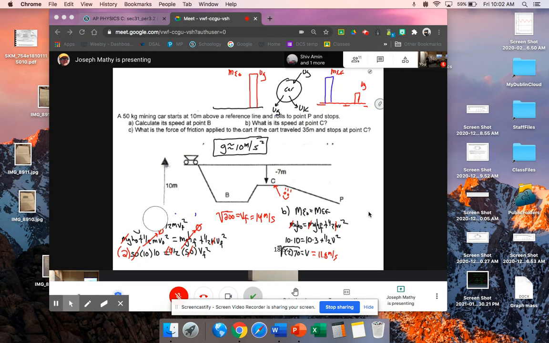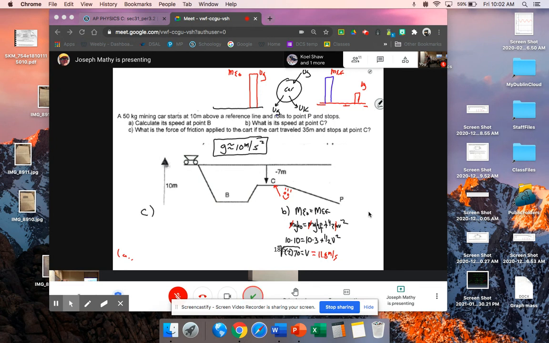Ran out of room, people. That's all. So let's take a look at C. Question C: What is the force of friction applied to the cart if the cart travels 35 meters in total and stops at point C?